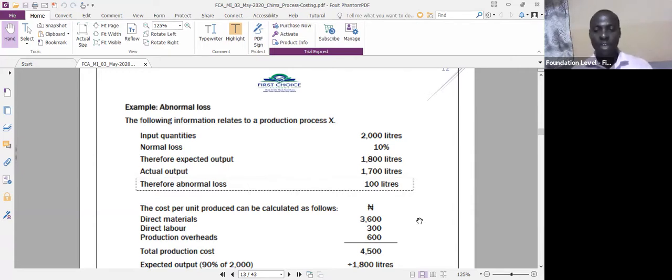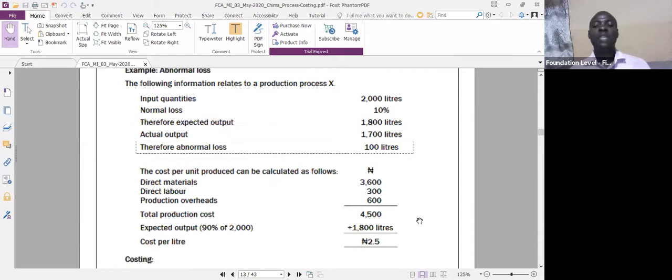We add them together to give you 4,500. Now, 4,500 is your total production cost. What is our expected output? Our expected output is supposed to be 1,800 and not the actual output we now saw of 1,700.